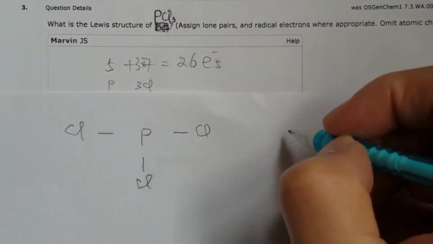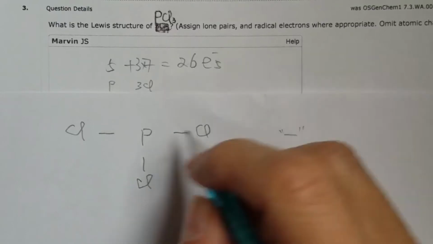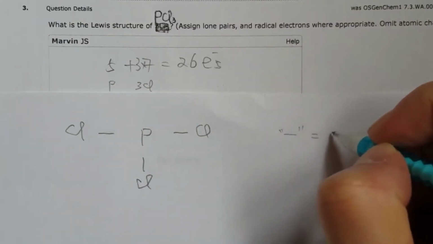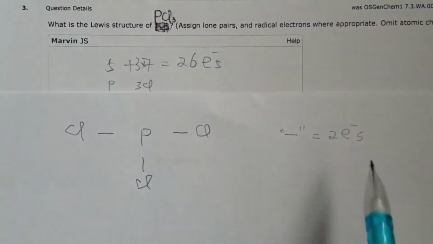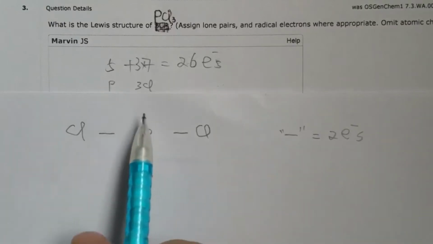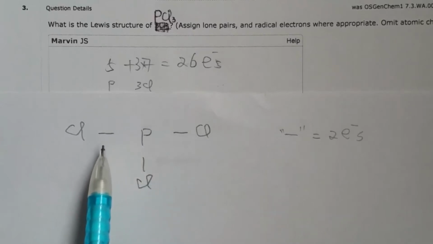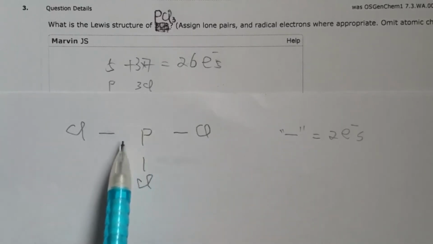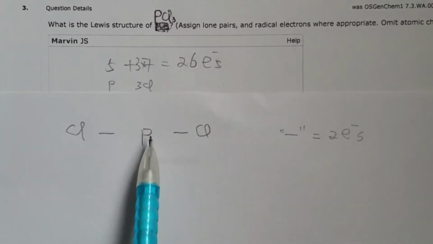So please note a single bond. Like here, those are 3 single bonds. That means 2 electrons each, okay? And when we count the number of electrons for phosphorus, we just consider the 2 electrons belong to, let's say, phosphorus.